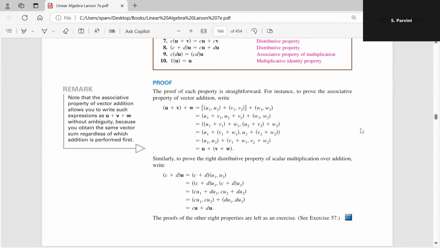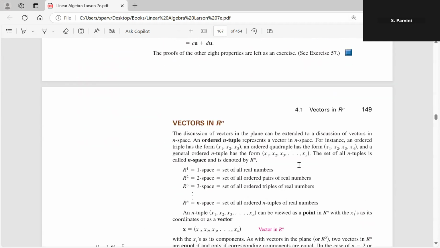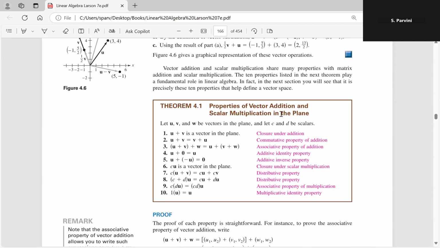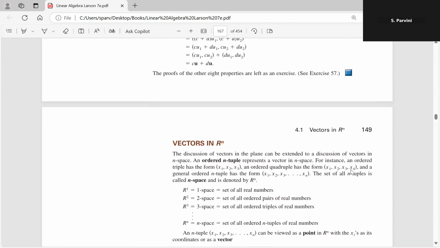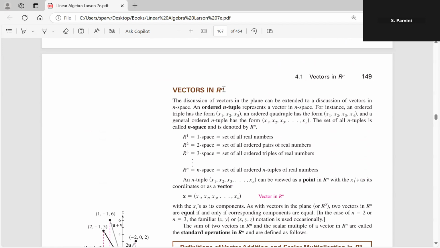And the proofs of these, by the way, if you're interested, some of them are here. Some of the proofs are in the exercises, but again, these are pretty trivial. So you could look at the proofs if you like to. Now, coming out of vectors in R2, meaning in the plane, what about in space, R3, or in general, Rn?